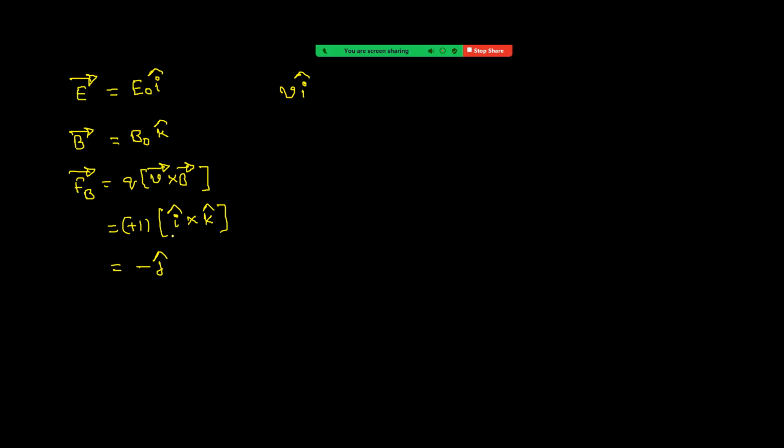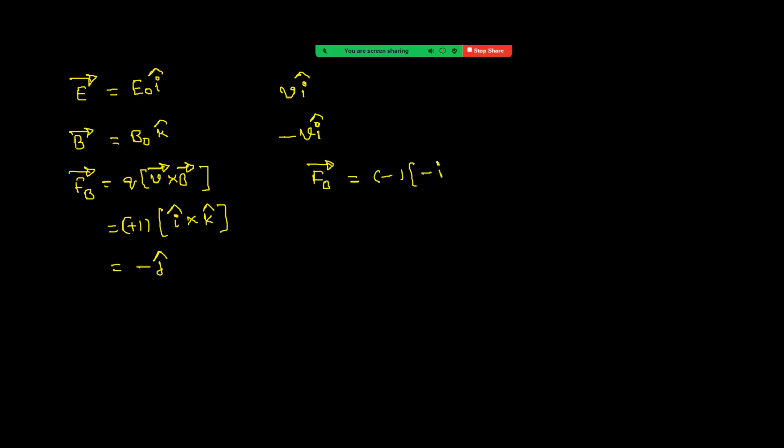Now, what about the negative ions? See carefully. For negative ions, velocity will be opposite to the direction of electric force, meaning negative x-axis. Then see what happens to the force because of the magnetic field. The charge is now negative, so take negative there.